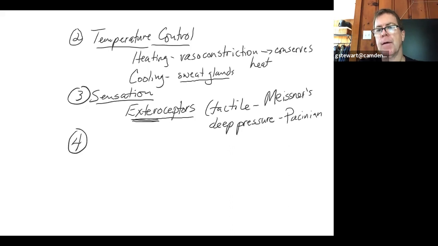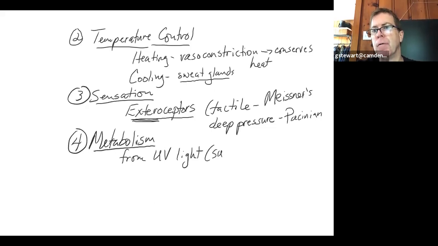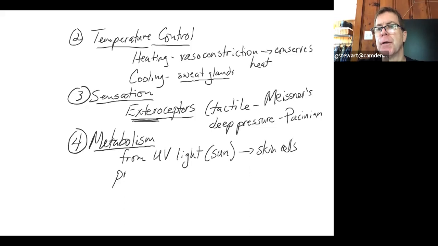Number 4, metabolism is usually number 4 on the list. This is complicated. Ultraviolet light from the sun, when it hits our skin, skin cells produce what we say is the inactive form of vitamin D. So I'm going to write vitamin D in an inactive form.